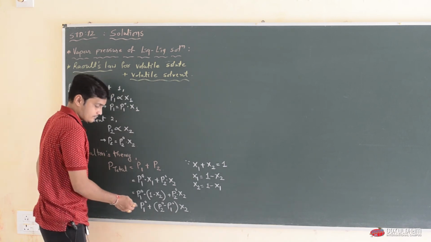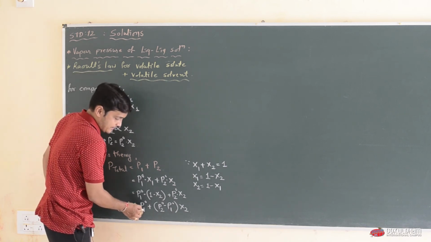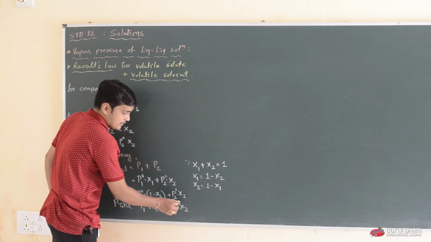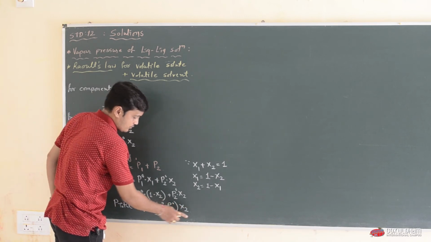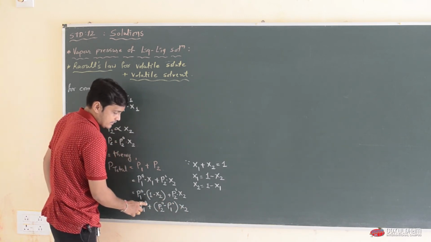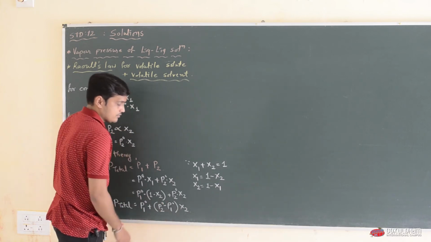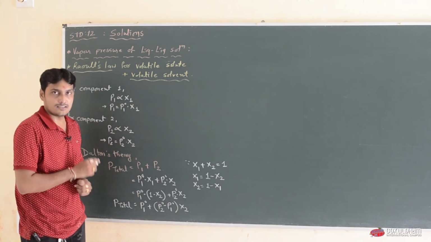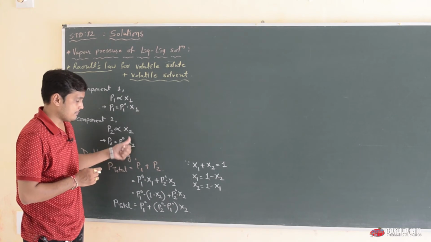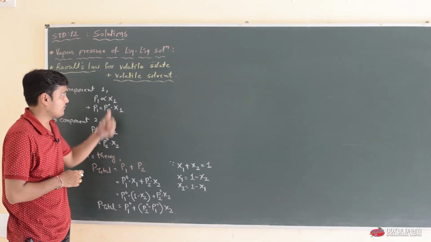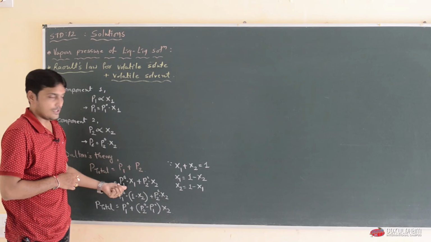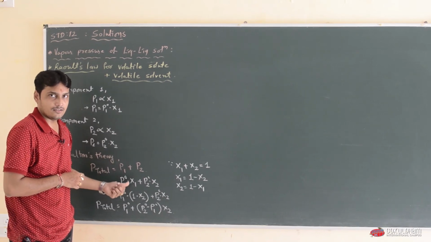Remember that if there is P1⁰, then on the opposite side is always X2, and when there is P2⁰, then X1 is on the opposite side. So this is the mathematical derivation of Raoult's law for volatile solute and volatile solvent.